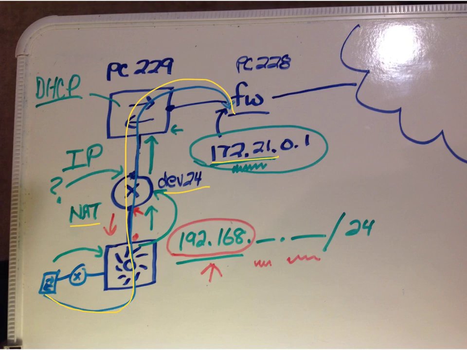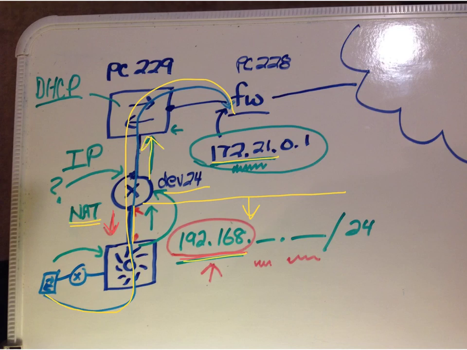All of the addresses on this side, I'm going to use red here, all have a 192.168. This router has a route that says if it's going here, it's going to send it down here. If it doesn't know, it's going to send it this way with the default route.